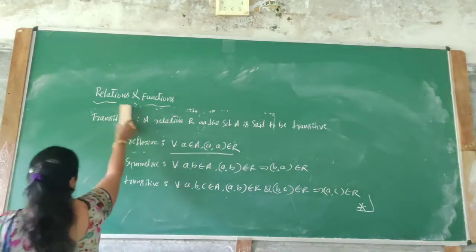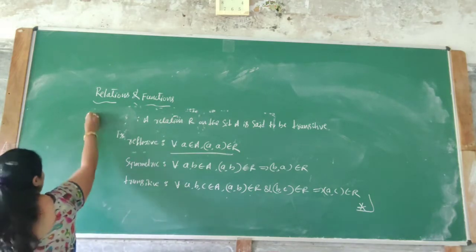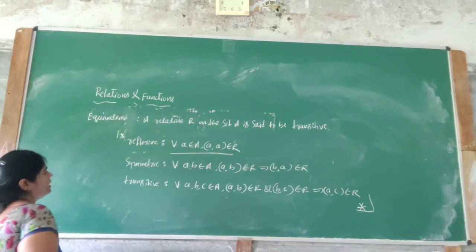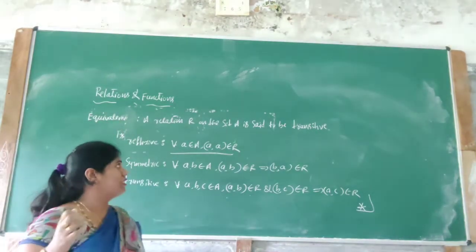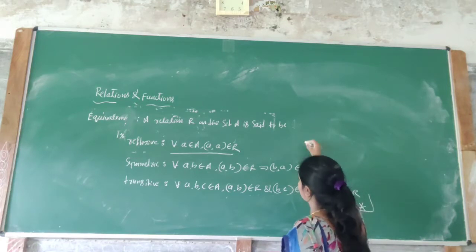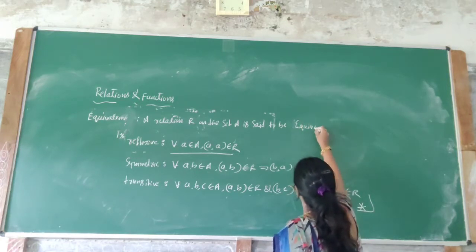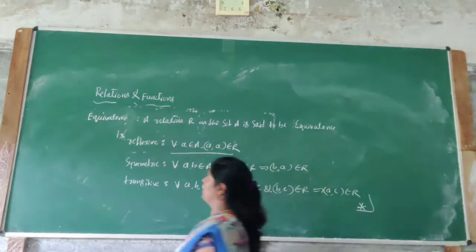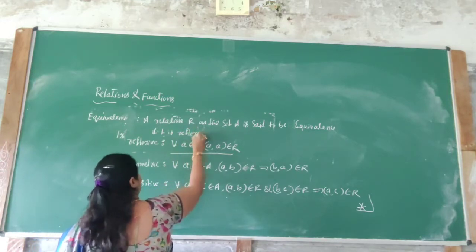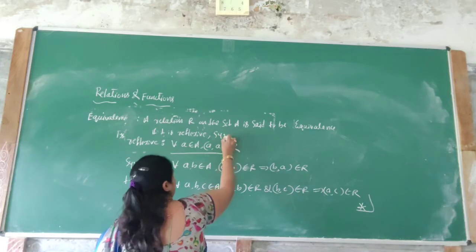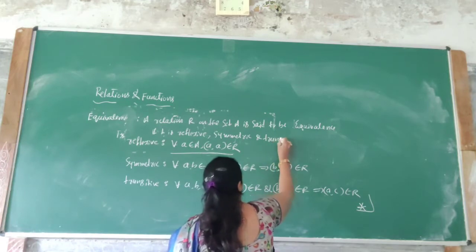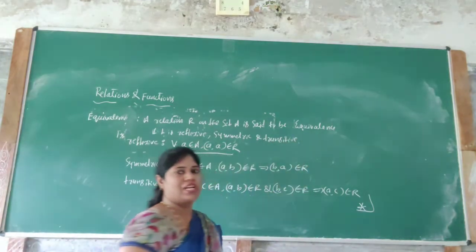So next one is equivalence relation. The relation R on the set A is said to be an equivalence relation if it is reflexive, symmetric, and transitive. All the three definitions should be satisfied. Then only it is called an equivalence relation. The relation R on the set A is said to be equivalence if it is reflexive, symmetric and transitive.